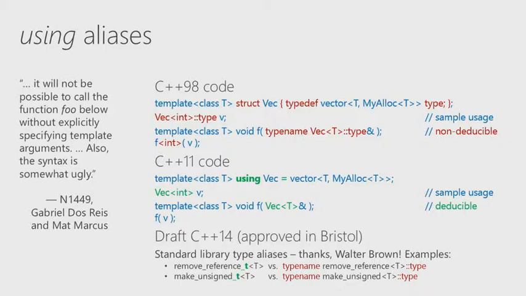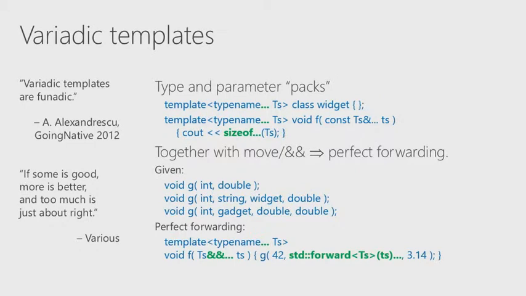They were just approved earlier this year in 2013, but we would like to thank Walter Brown for including them in the standard and our implementers for including them in our product, so that now you can actually make use of some of these very new, just added convenience features in the C++ standard library itself for things like remove_reference, make_unsigned, and similar types, which now save you the need of having to write typename and ::type and the drawbacks in the function parameter list that we talked about, and just use the using aliases. That's new from C++14. We're happy to include that in this year's compiler.